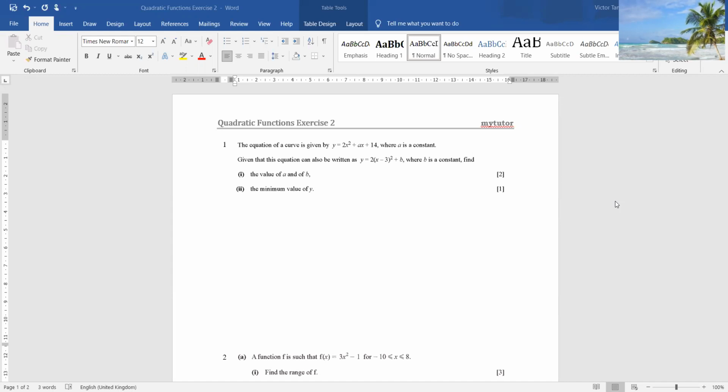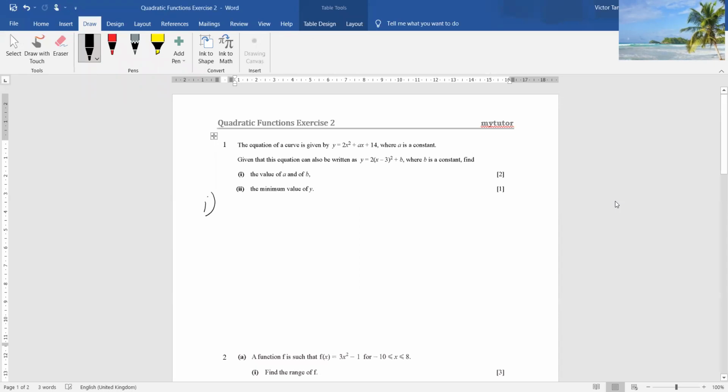Now, for this type of question, you can always expand and compare coefficients. So what I will show you is to expand and compare coefficients. You can expand y equals 2(x minus 3) squared plus b, which is equal to 2x squared minus 12x plus 18 plus b.